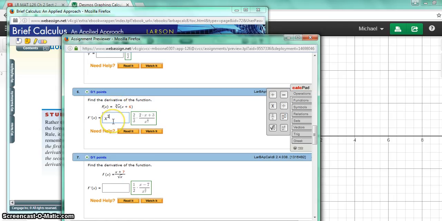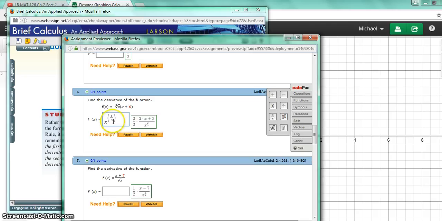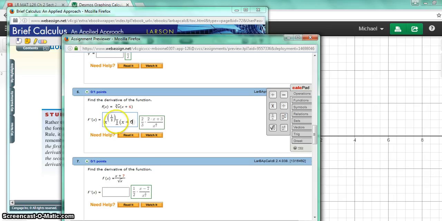So I could say the answer is x to the 1/3 times my second function, and then plus the derivative of my second function, which is just 1, times whatever my, oh no.